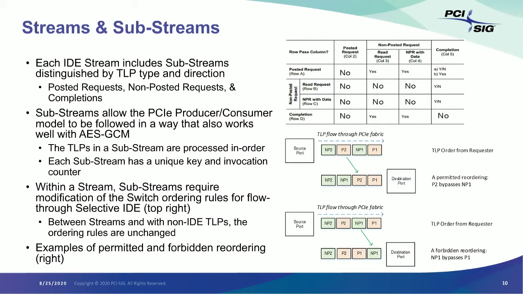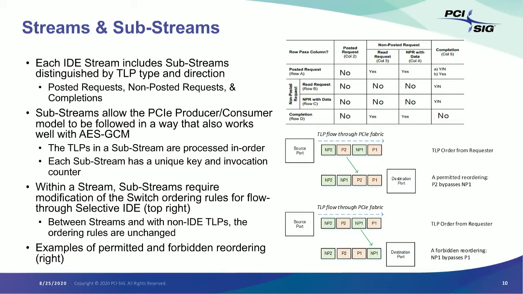The stream is the concept of the overall connection between the two ports. A substream is associated with the flow control classes posted requests, non-posted requests, and completions, which also then map into this ordering table, although in a slightly funny way because there are 2 rows and 2 columns for the non-posteds.